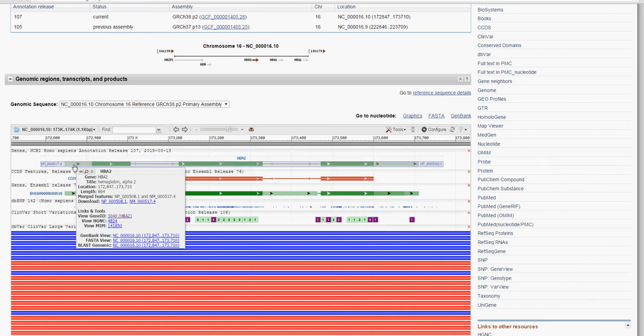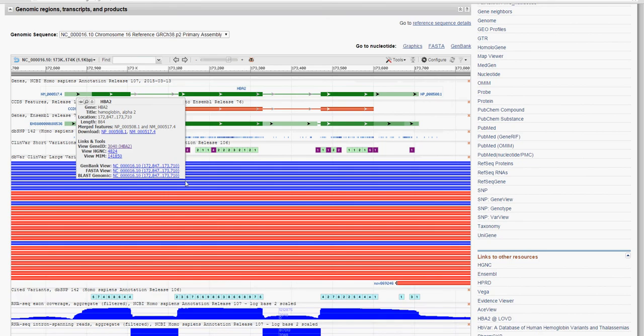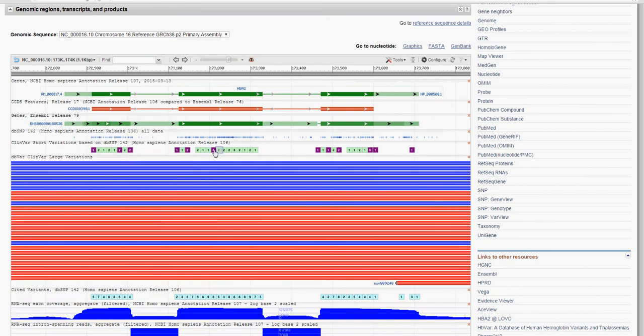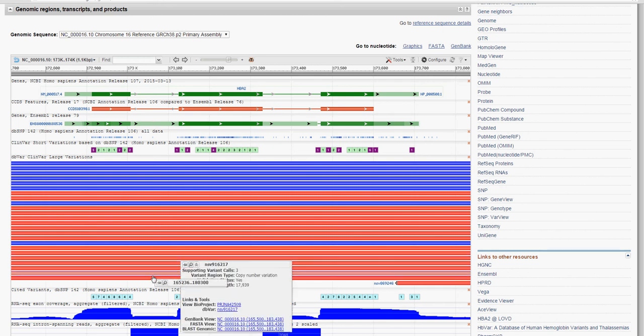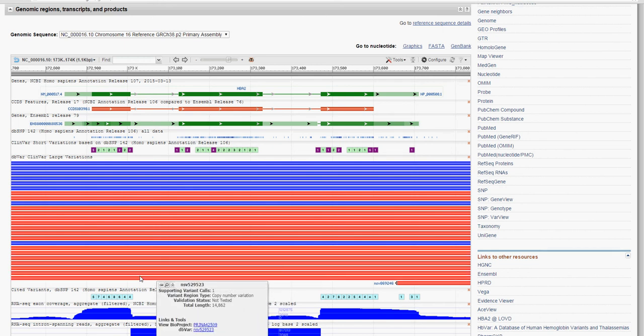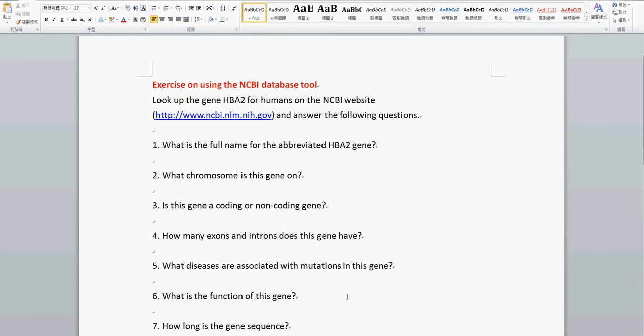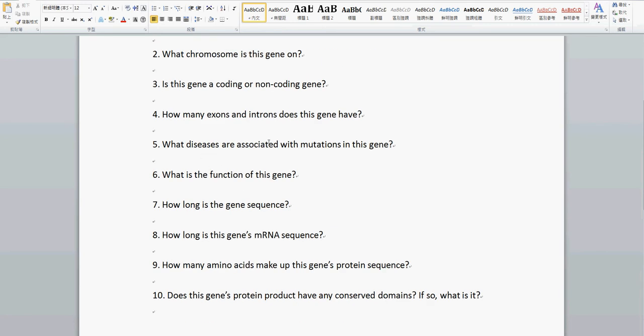The lighter green parts are the untranslated regions of the exons. Here we can see there are different numbers of SNPs that are located on this gene. On the bottom here, these are the different CNVs, or copy number variations, that exist in this gene.